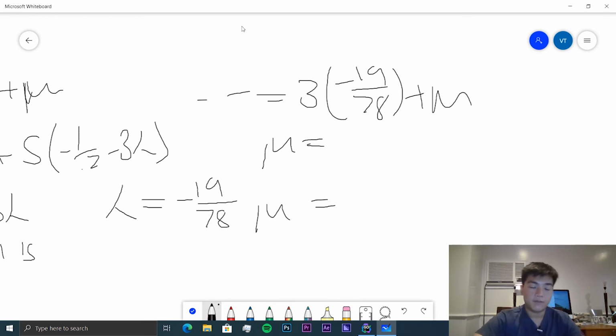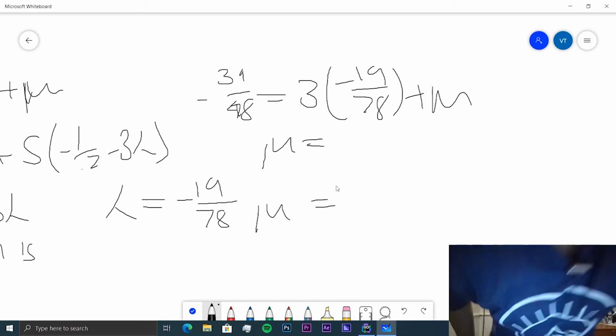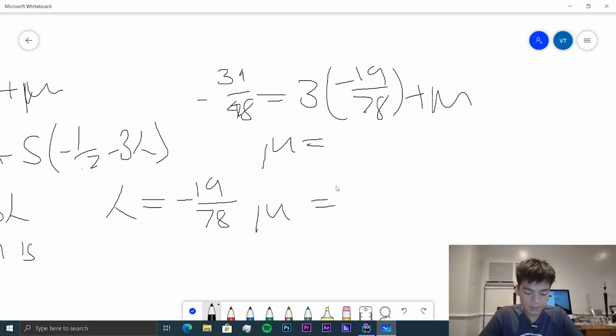So this is negative 39 plus 3 times 19, which is equal to 18 over 78, which of course equals, I think, 3 over 13.